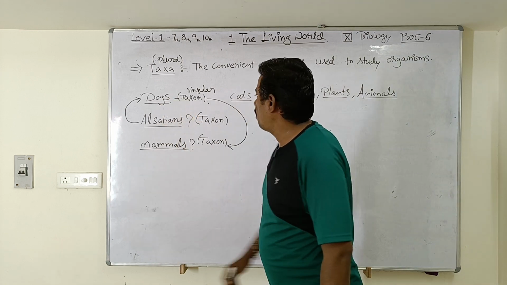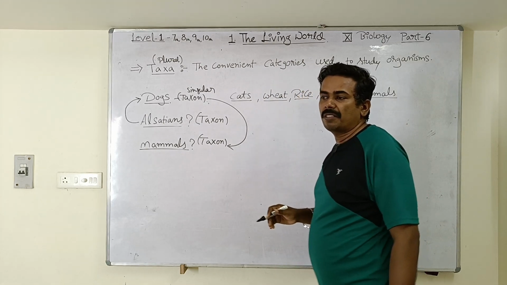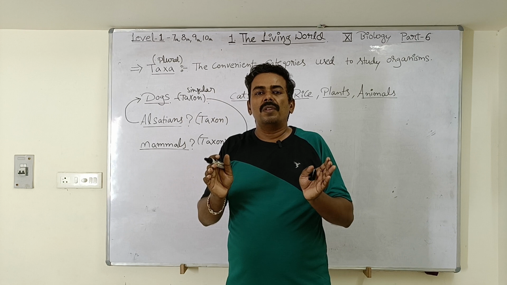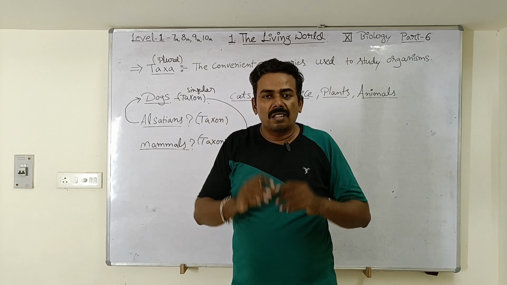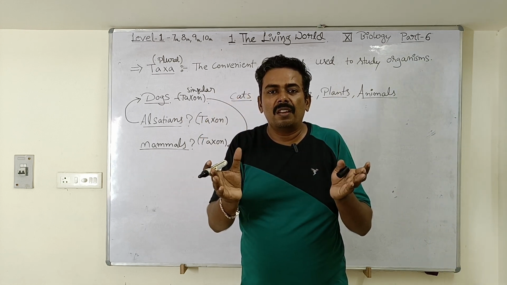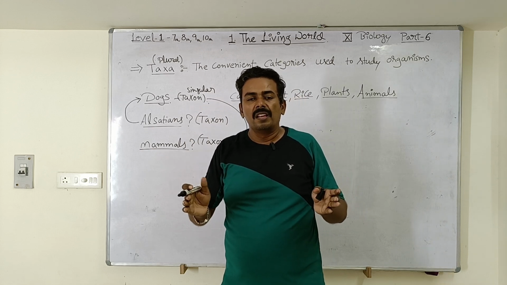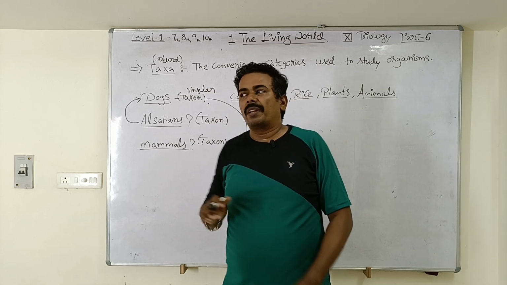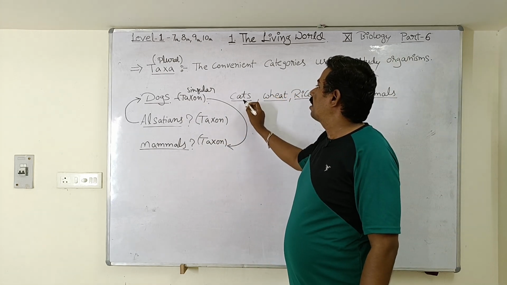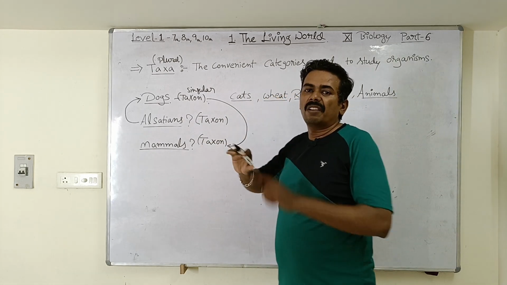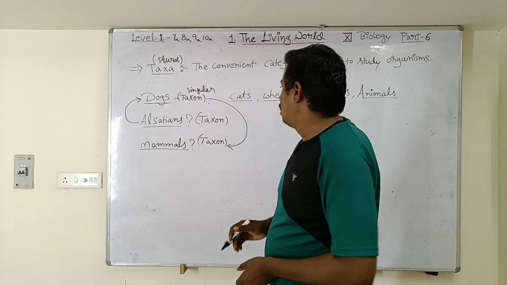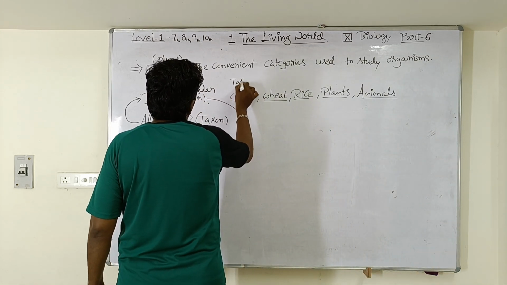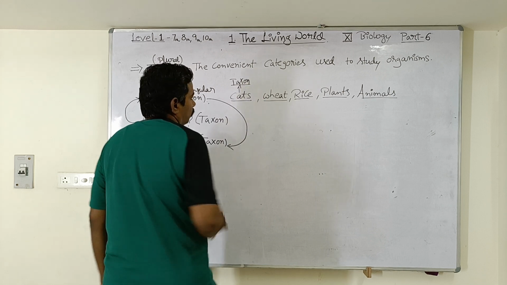Understood, students? Now if I say cats, what will you picture in your mind? You will picture that animal which makes a characteristic sound and has a fluffy coat. You will never imagine one particular breed of cat. Cats represent all the different breeds of cats, so cats is also a taxon, a category.